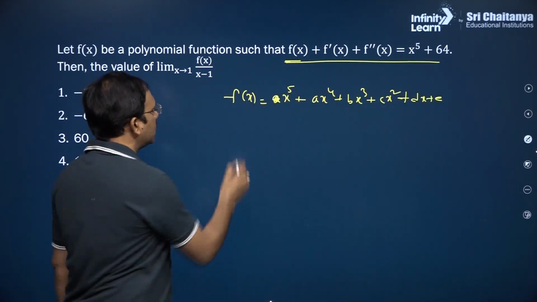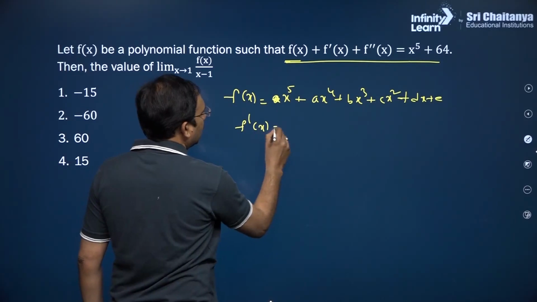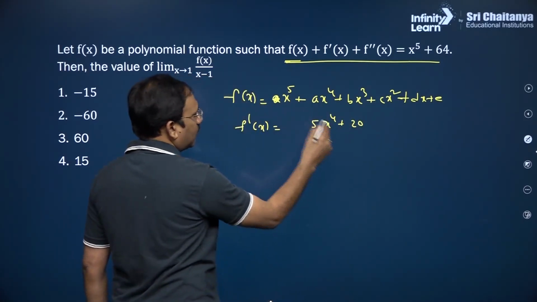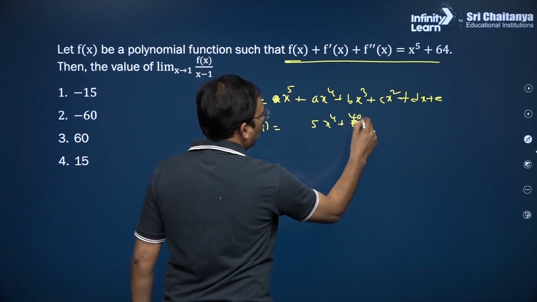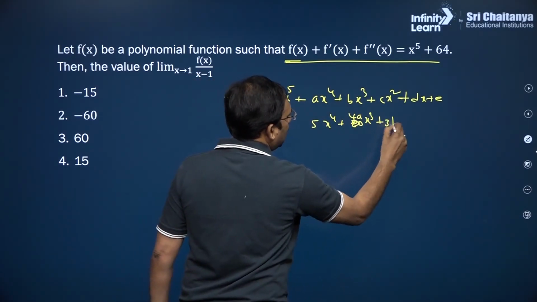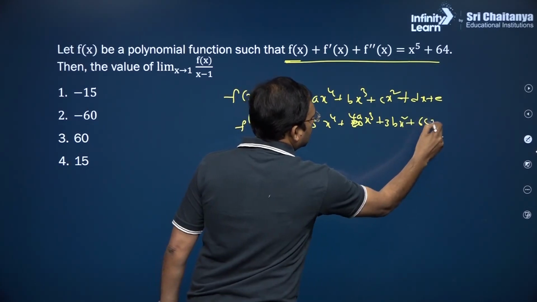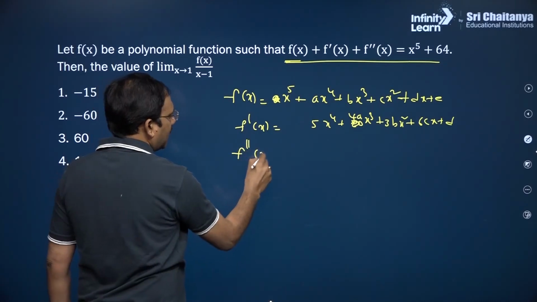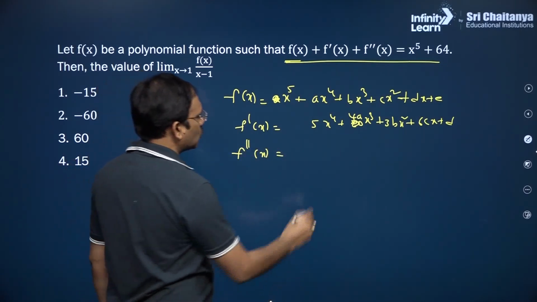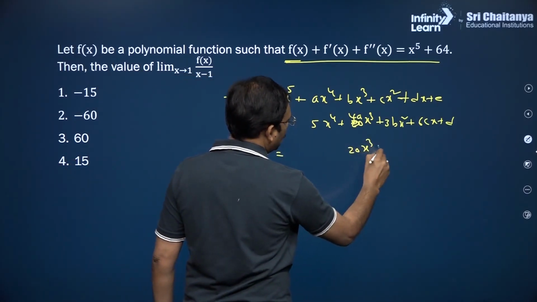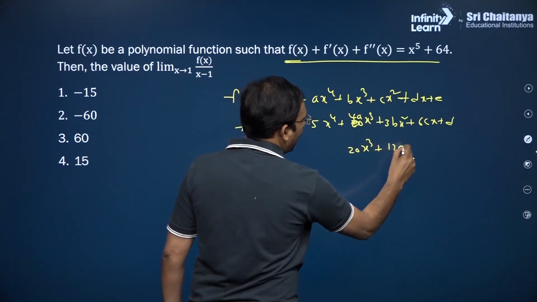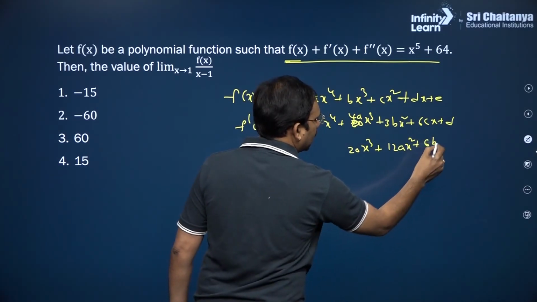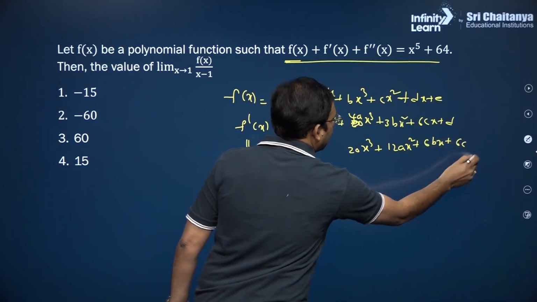These are the unknowns. You just find f dash x, which is 5x power 4 plus 4ax cube plus 3bx square plus 2cx plus d. And f double dash x is 20x cube plus 12ax square plus 6bx plus 2c.